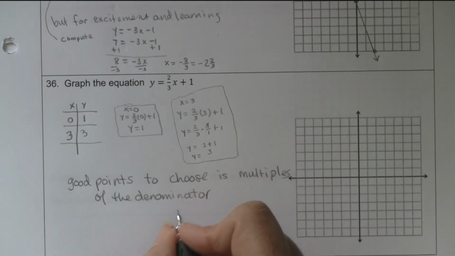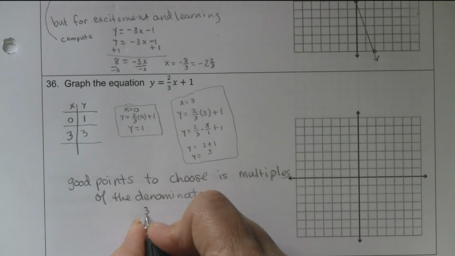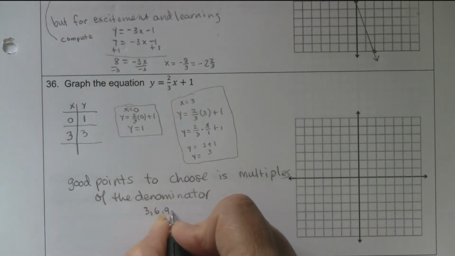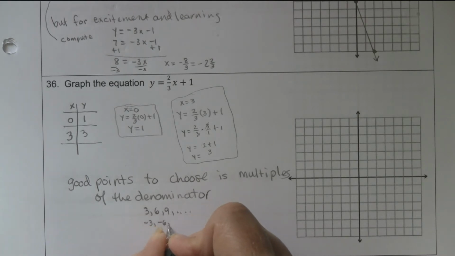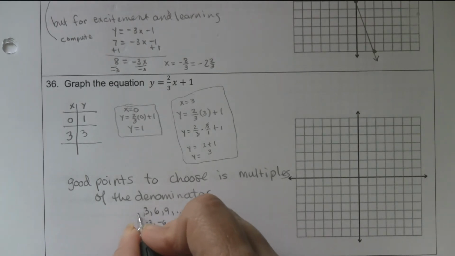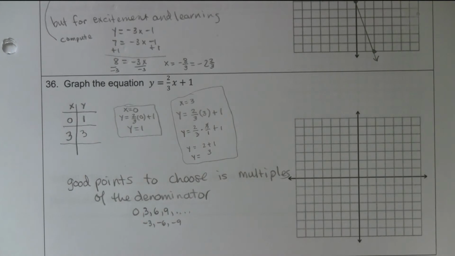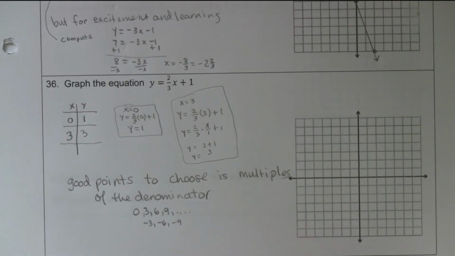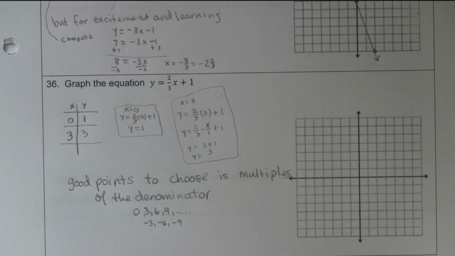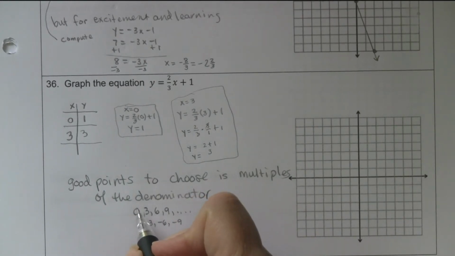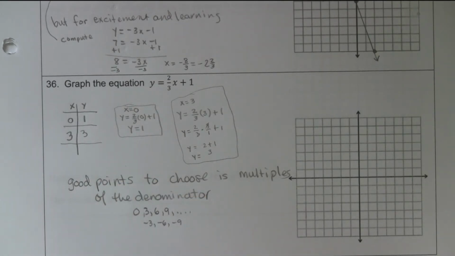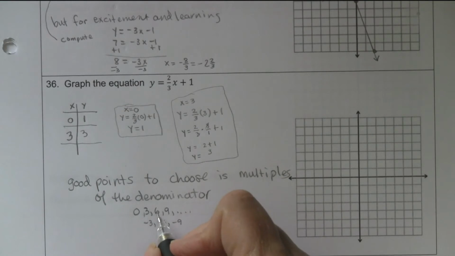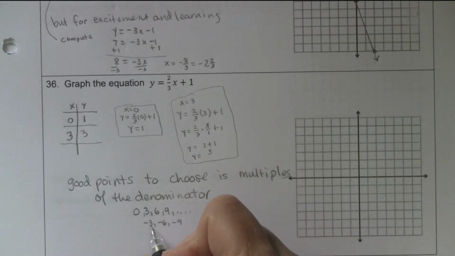So multiples of 3, 6, 9, it goes on, but also includes -3, -6, and -9. And I want to tell you, friends, 0 is in that list of a multiple of 3. It's counting by 3's, right? And so if you go backwards from 3, backwards 3, you get 0. And I already have 0 in my list. It's my favorite point.